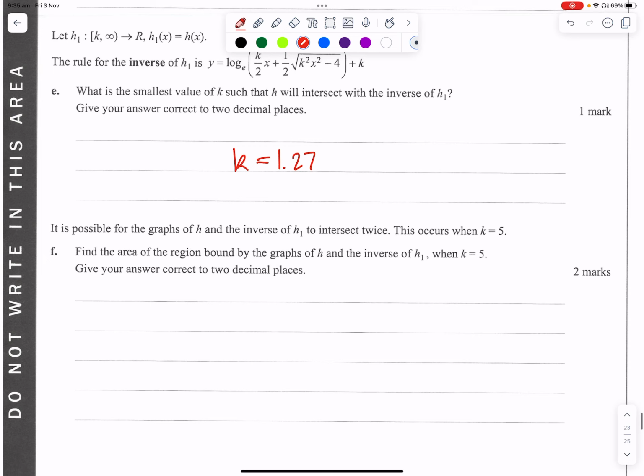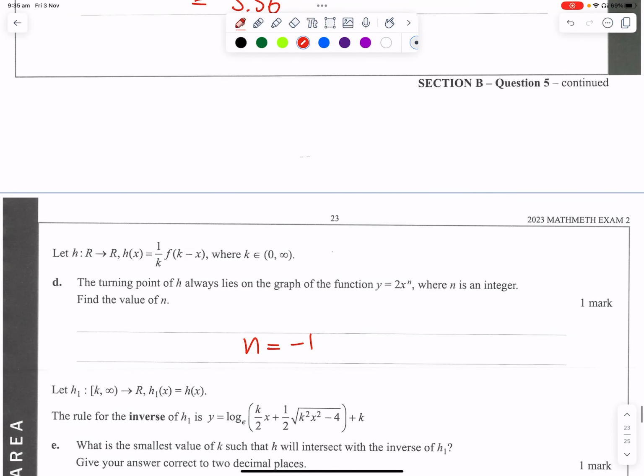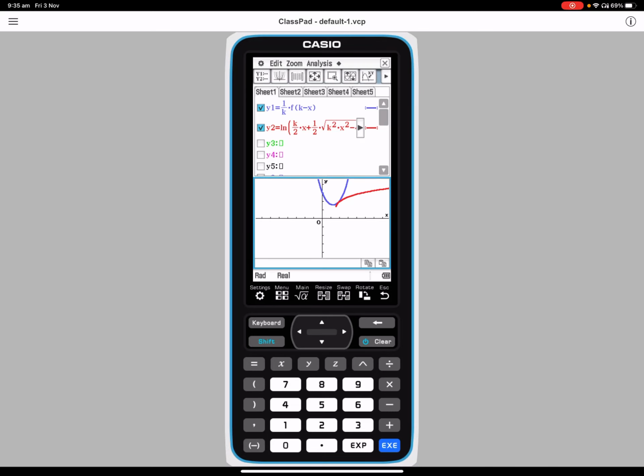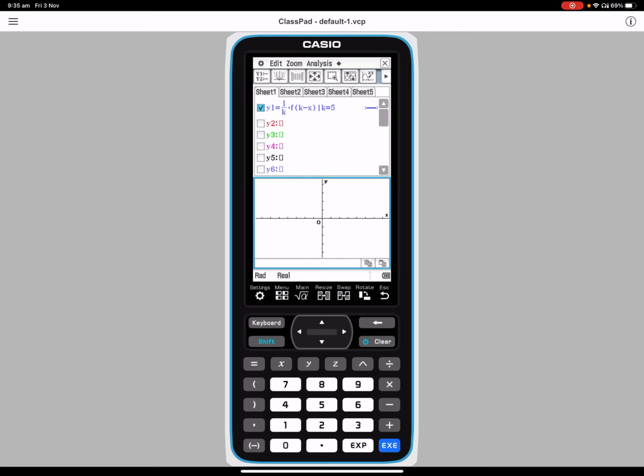Find the area of the region bounded by the graphs of h of x when k is equal to 5. Okay, so which one is our lower graph? If I said given k equals 5, we end up with, sketch it, 5, 5.